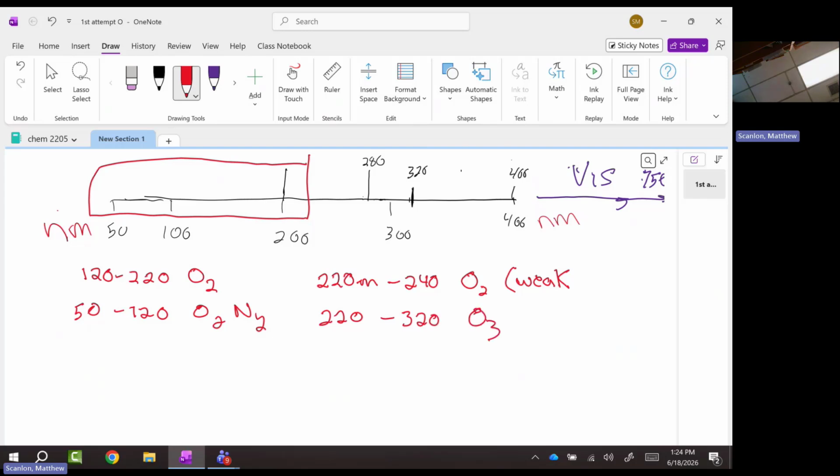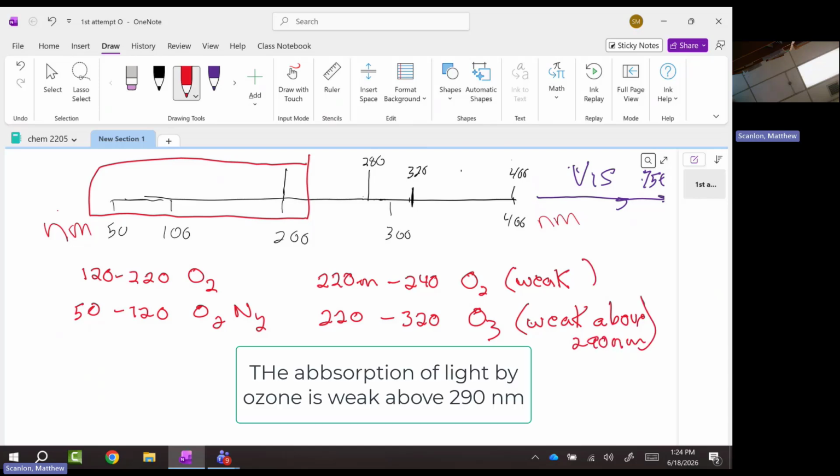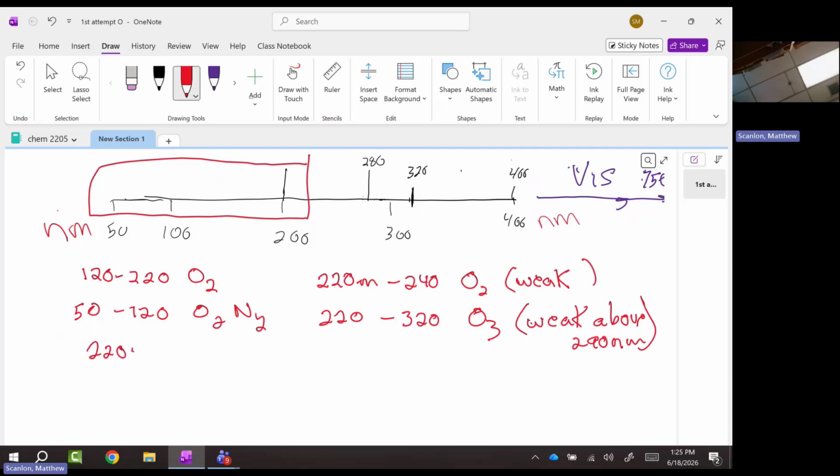But it gets weak at the higher end, weak above 290 nanometers. If it's above 290 nanometers, it's weak. And so from 220 to 290, almost all the UV is absorbed.